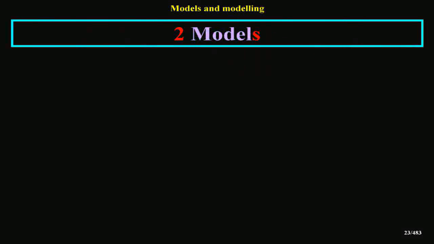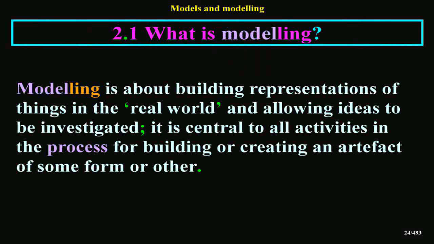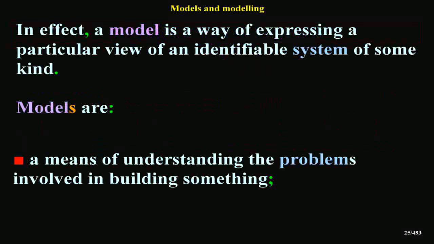2. Models. 2.1. What is modeling? Modeling is about building representations of things in the real world and allowing ideas to be investigated. It is central to all activities in the process for building or creating an artifact of some form or other. In effect, a model is a way of expressing a particular view of an identifiable system of some kind.